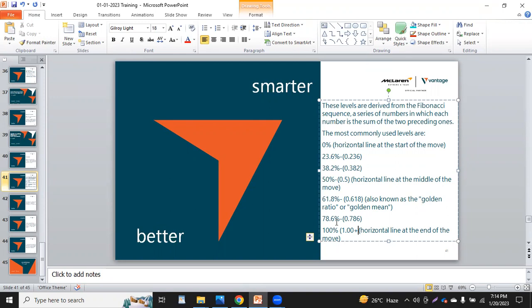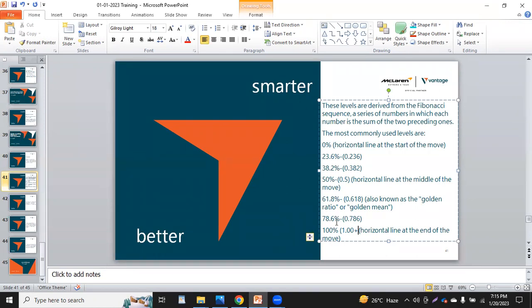Now, it still happens. There are still one or two pairs that use 78.6 once in a while. An example of that pair is GBP USD. GBP USD uses 78.6 sometimes, not all the time, but it uses it sometimes, right?